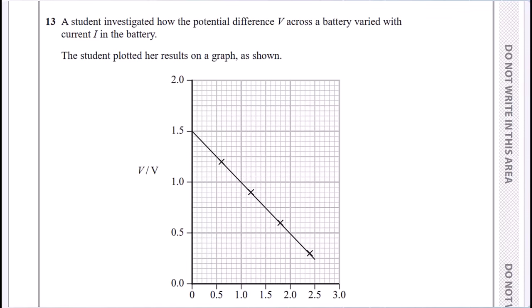So every time you see a graph like this, you have to understand that this is not a basic graph of VI for a resistor or any other electrical component for that matter. This is what's going on inside a battery which has internal resistance. A lot of times, a question asks you to draw the diagram for this circuit to investigate internal resistance.